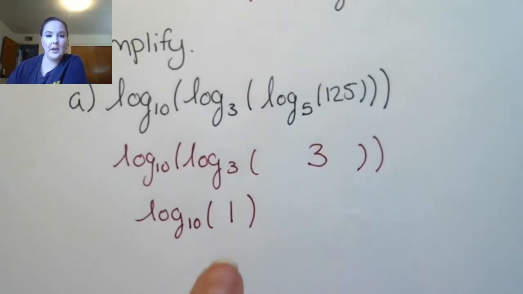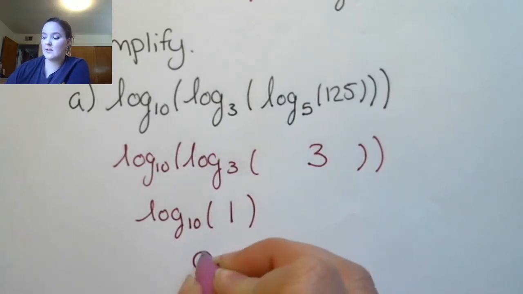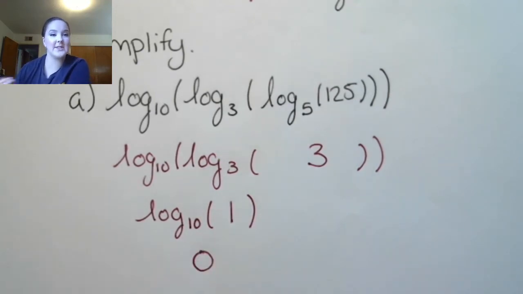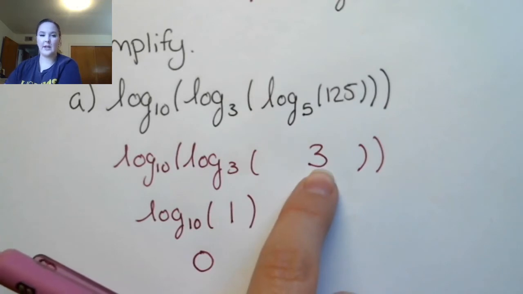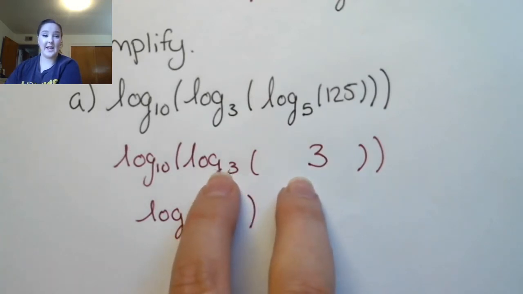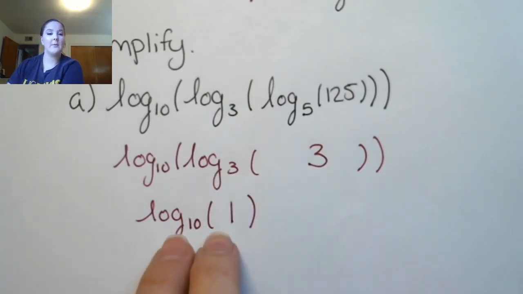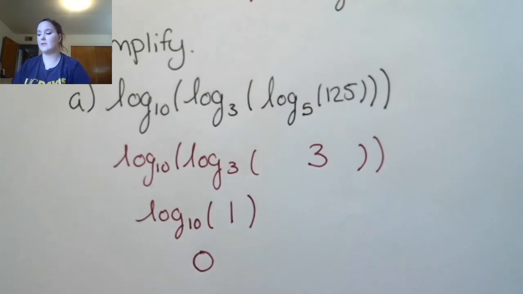Then my last one is asking me what power of 10 is equal to 1. Whenever we want to get 1 using an exponent, we know that the exponent is 0, right? 10 to the 0 power is 1. So we just start on the inside, write our answer, then we evaluate the next one and write our answer, and then we evaluate the last one and write our answer.